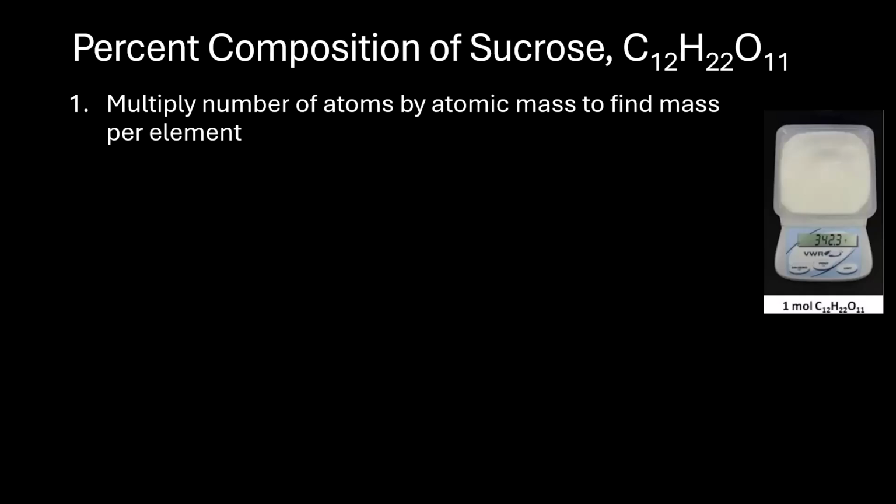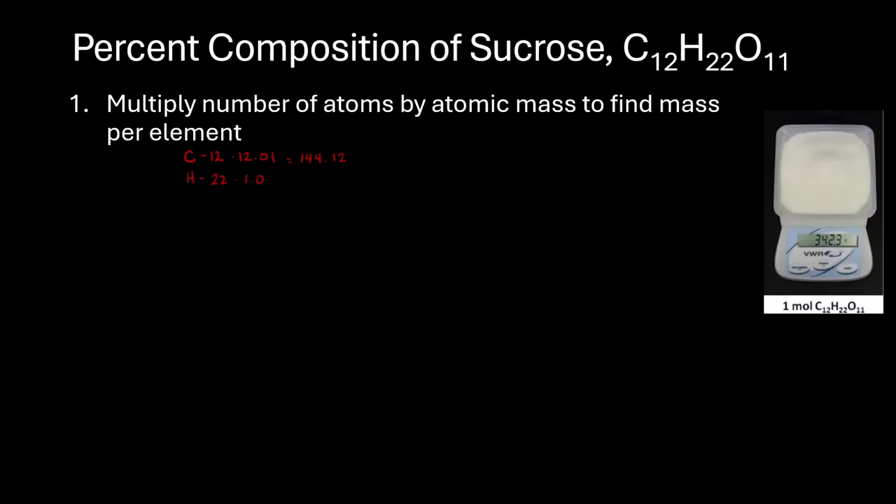So we have carbon, and there are 12 atoms of carbon in sucrose, and we're going to multiply that by the molar mass. So 12.01 is the molar mass, which I find on the periodic table, and I'm going to get 144.12. We do the same thing for hydrogen. For hydrogen, we have 22 atoms of hydrogen. We're going to multiply that by the molar mass, again found on the periodic table.